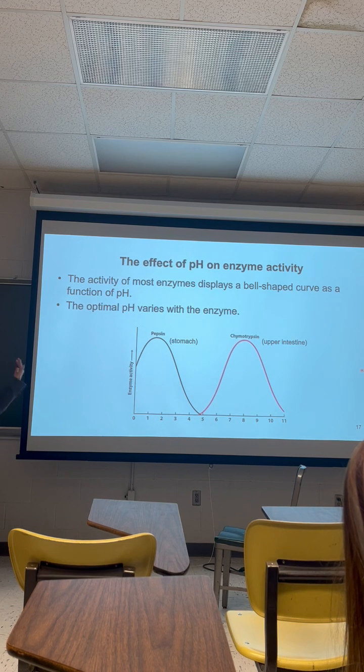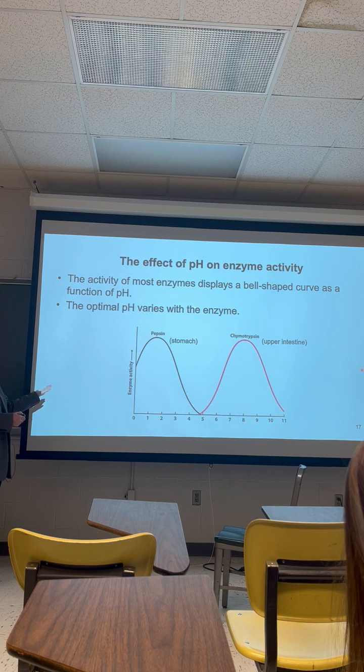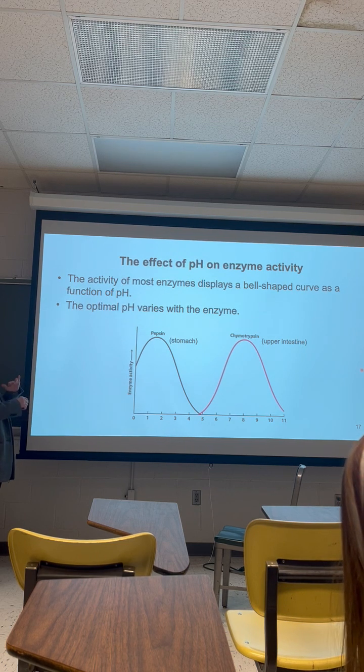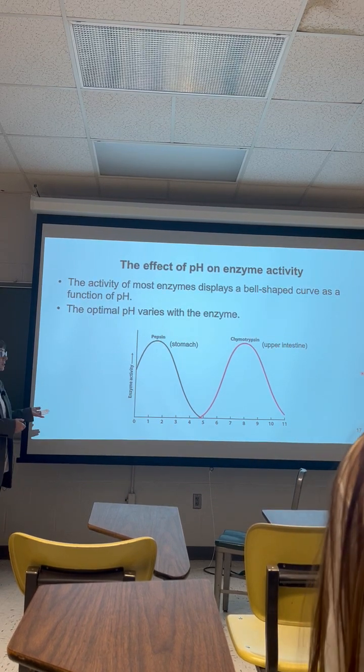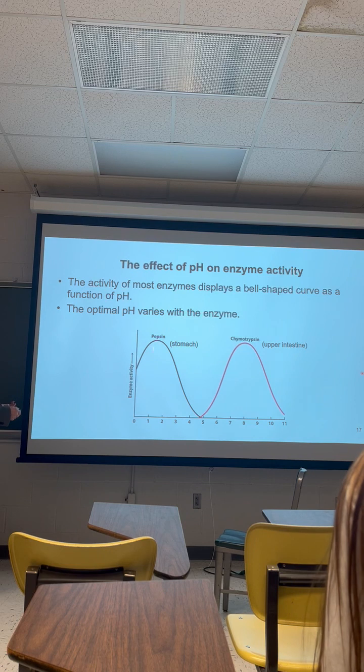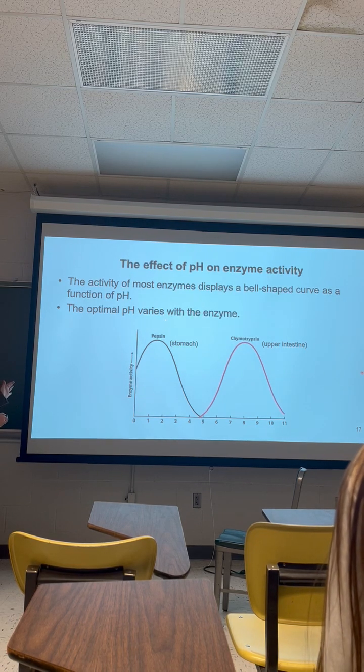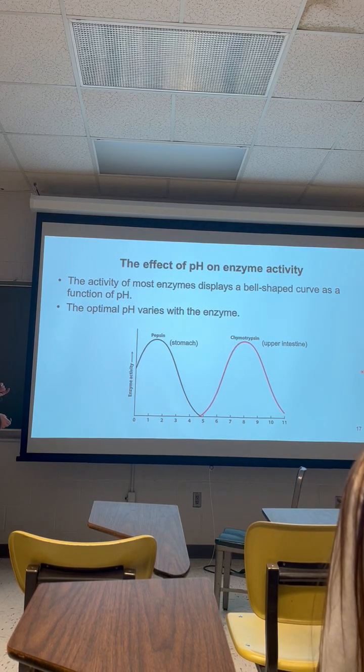It evolved in such a way that, fortunately for us, its maximum activity is approximately at pH 2. So pepsin can actually work. This is a very unusual enzyme, I have to say, because most enzymes have optimal pH around neutral. Pepsin in our stomach has an optimal pH that is very acidic, around 2.